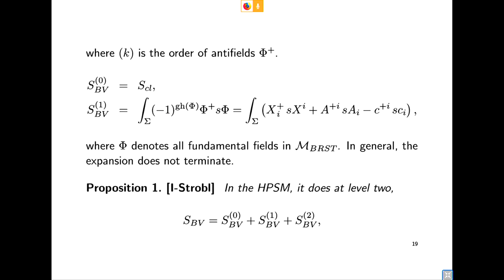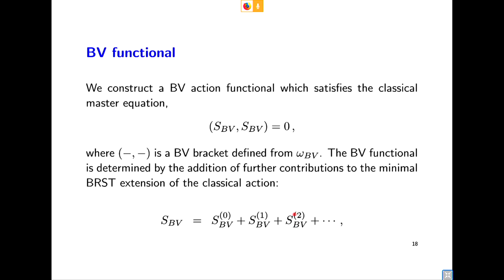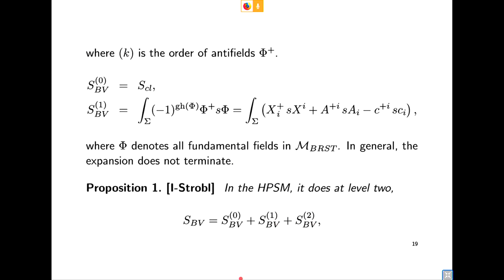Then the problem is the second term S2, the third term, the fourth term, and so on. Our result is as follows. In the twisted Poisson sigma model, the S_BV terminates at the third term, S2. So the problem is to determine S2.